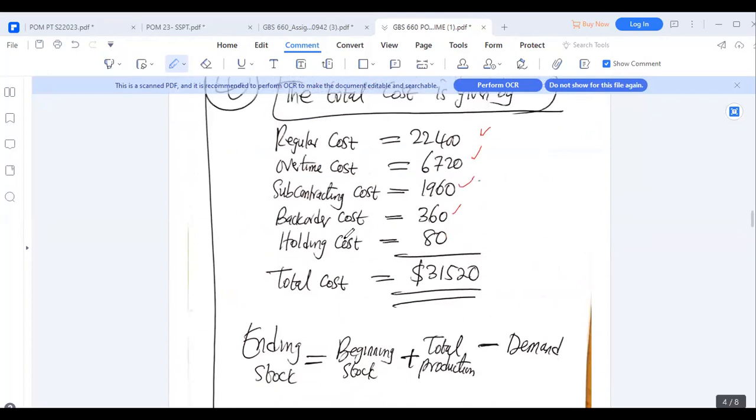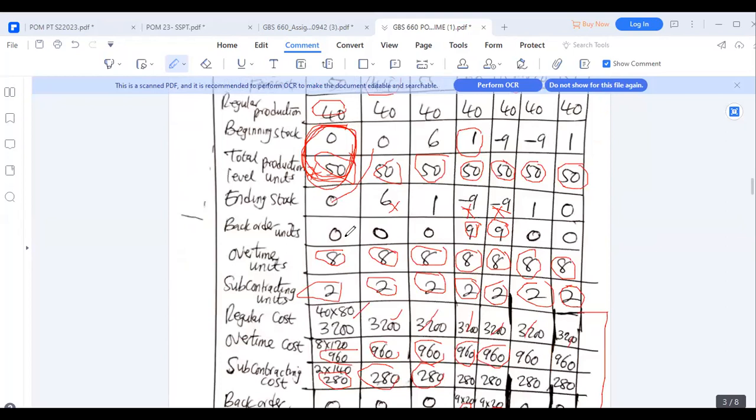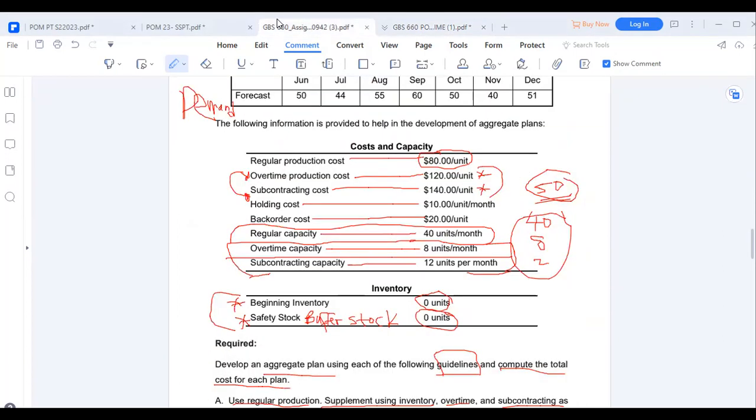Then holding cost. We physically had to hold physical stocks here, which was ending stock physically, and then there was another one here, which is the physical ending stock. So after adding these ones, the ending stock physically was 8 units, and the holding cost on the physical ending stock is $10 per unit per month.